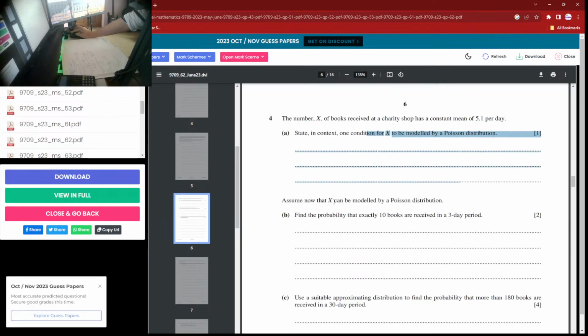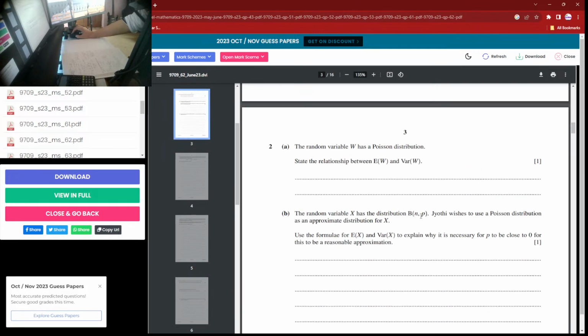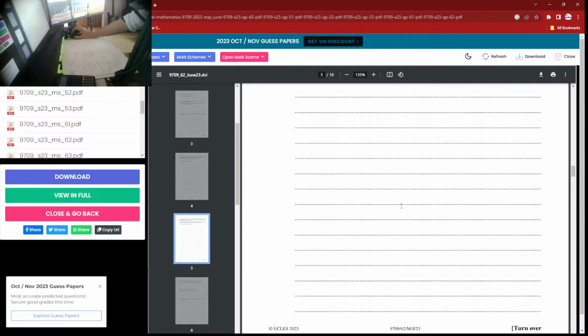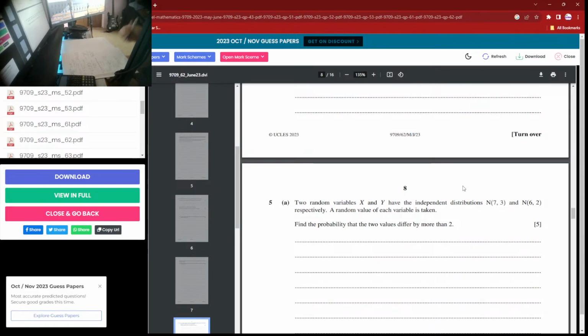Since it's using N, it's normal. So the probability that the two values differ by more than 2, the mean is 7 and 6, so let's find the mean for X minus Y, because we want the two values to have a difference of more than 2.